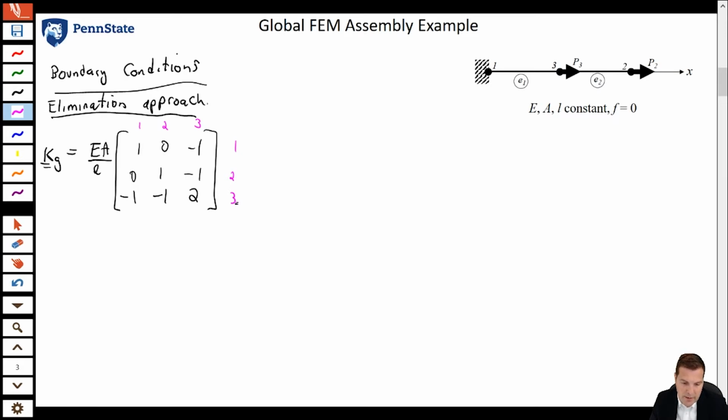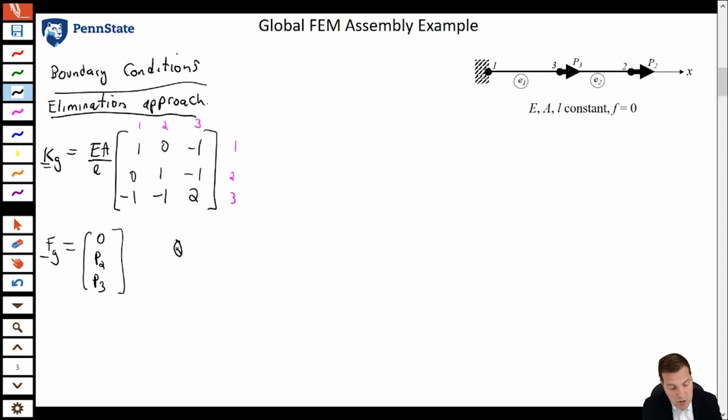We just cross out any values that exist. So before I do that, let me write also, we have F of g, and that's equal to 0, P2, P3. And then we have our global displacements, which is Q1, Q2, and Q3.